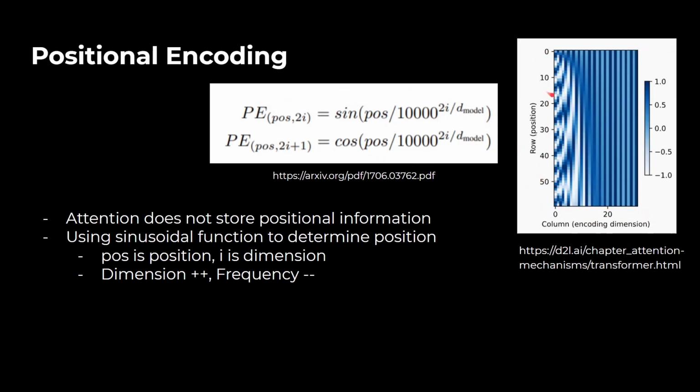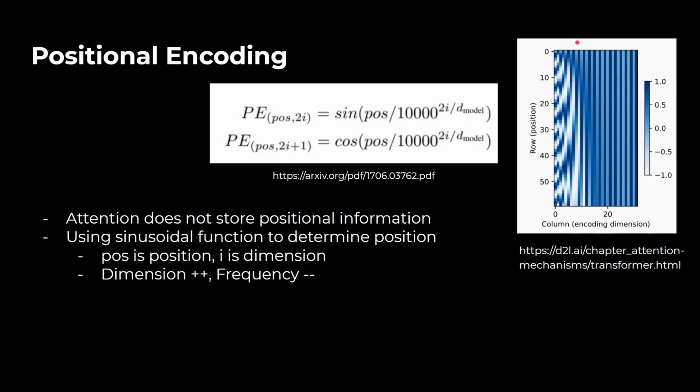And then you might notice that each position is kind of different across these dimensions. If you look at, say, the 10th position versus the 11th position, you would be able to determine that they are kind of next to each other because of the way these sines and cosines work, because they're continuous, right?